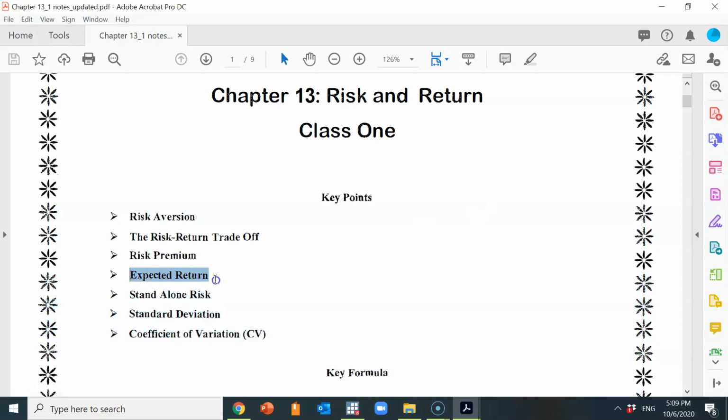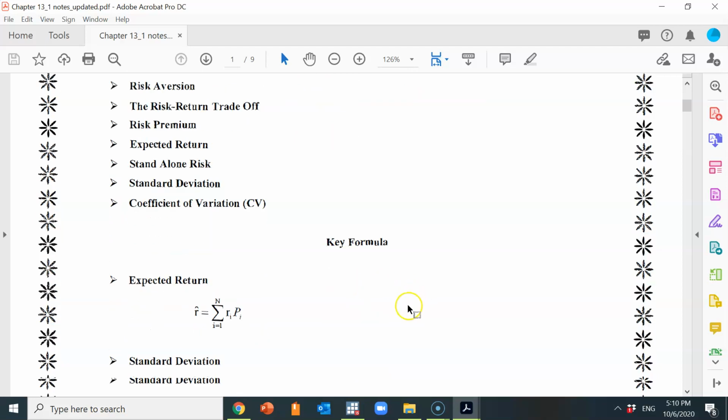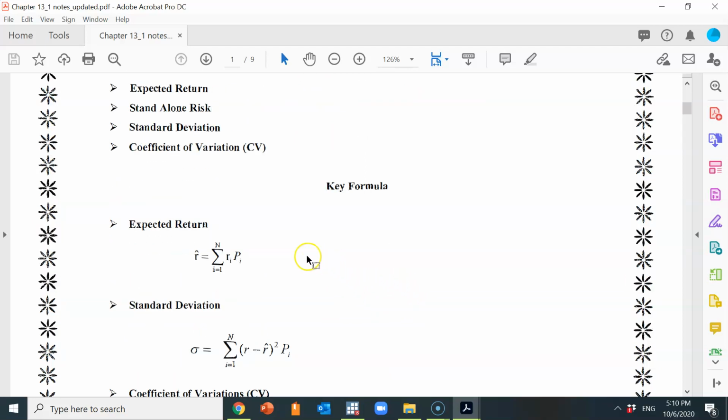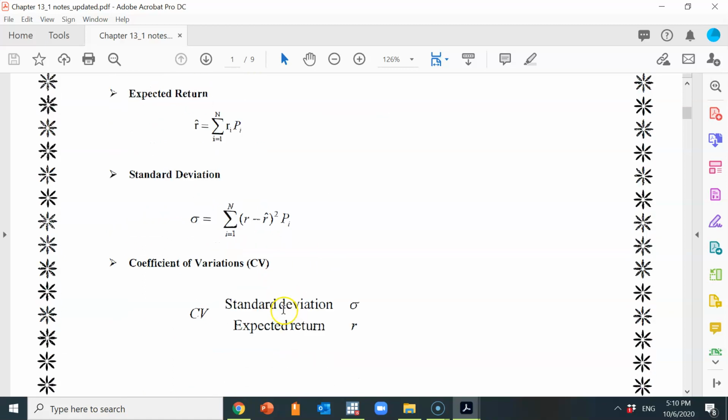So for return, we will learn how to calculate expected return. And for risk, we're going to learn what is standalone risk and how we can use standard deviation or coefficient of variation to measure standalone risk. So the key formula here today is gonna to use the formula to calculate expected return, standard deviation, and CV.